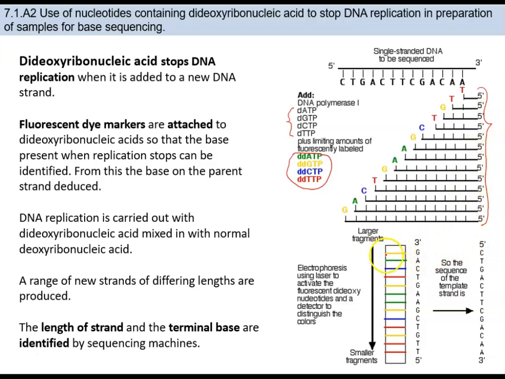The next step in this technique is that these different fragments in the machine are going to be loaded in an electrophoresis. So you also run an electrophoresis after running the machine, and you load it into the well.